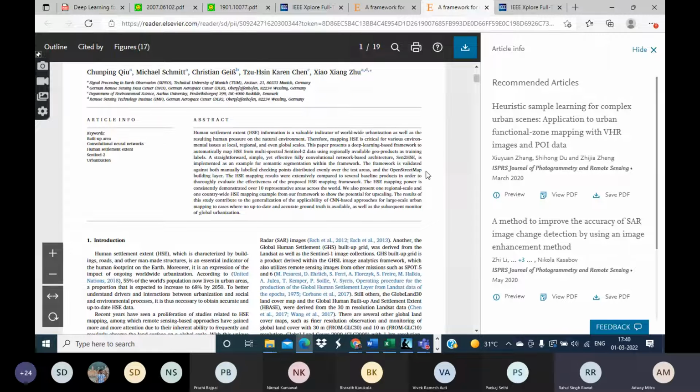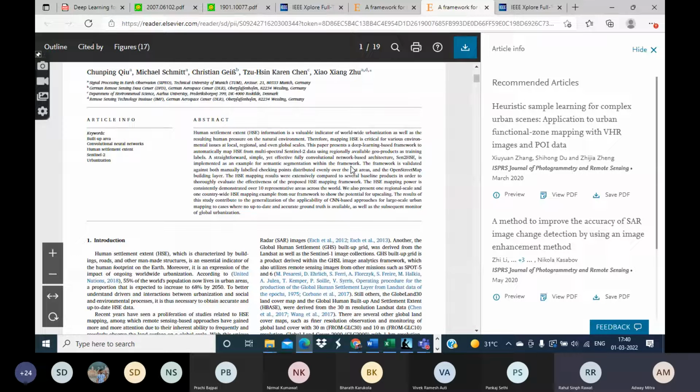So OpenStreetMap, you may have heard of. They actually give maps at street level, including the buildings. I mean, the buildings are annotated in this OSM. So whatever human settlement they have identified is to be validated against this OpenStreetMap.